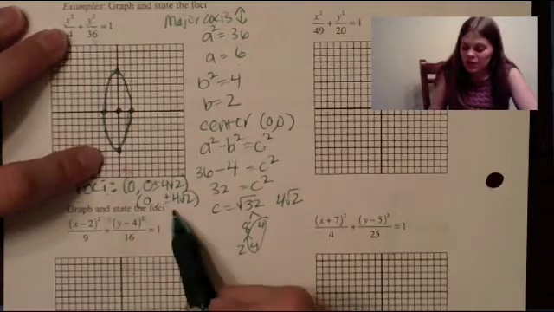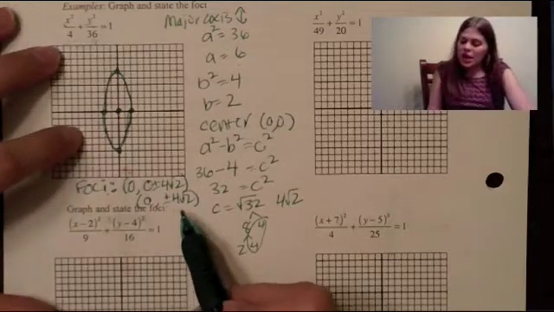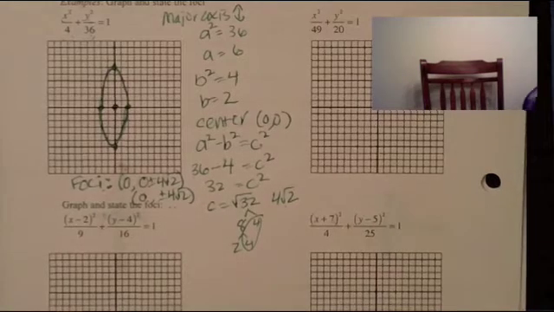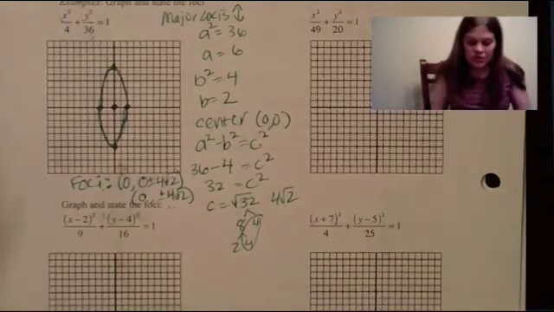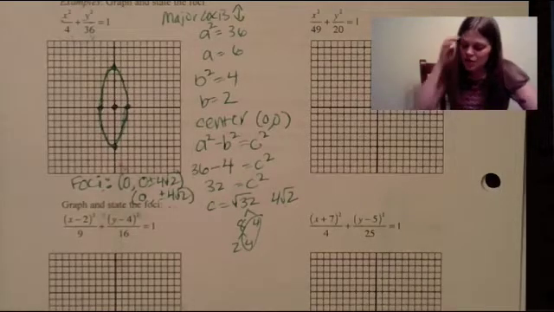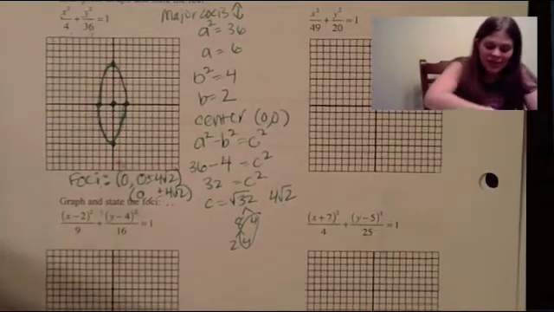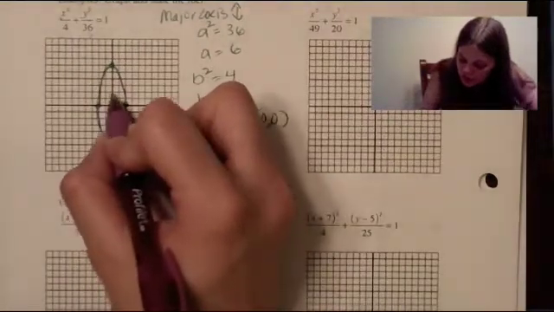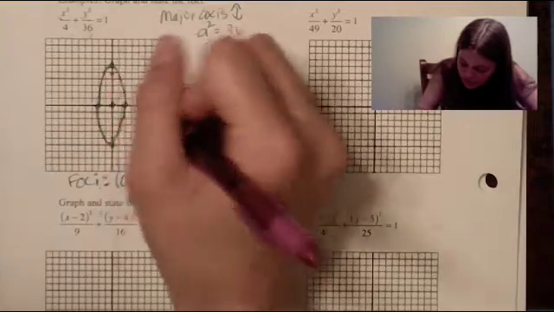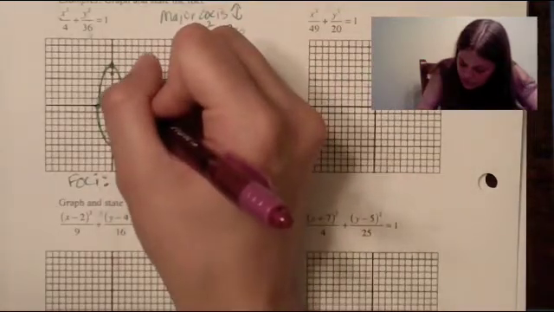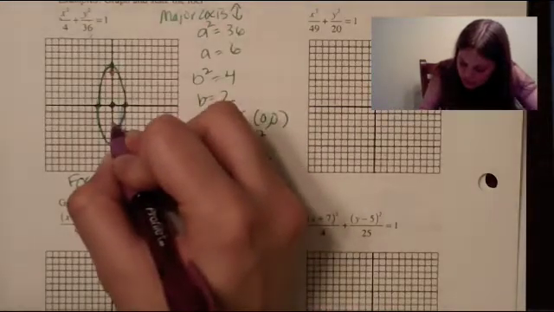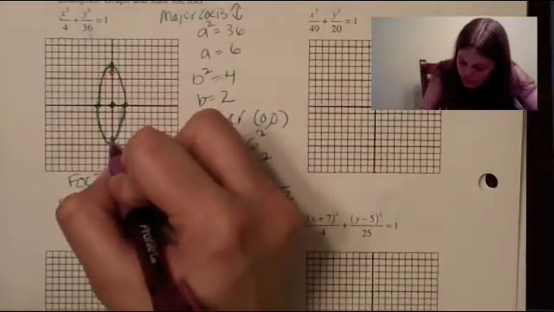So that's where our foci are located at. If you want to graph the foci, you need to figure out what 4 root 2 is, and you can use your calculator to get a decimal approximation. So 4 root 2 is 5.65. So I would have 1, 2, 3, 4, 5.65. 1, 2, oh, I didn't count quite right. 1, 2, 3, 4, 5.65.